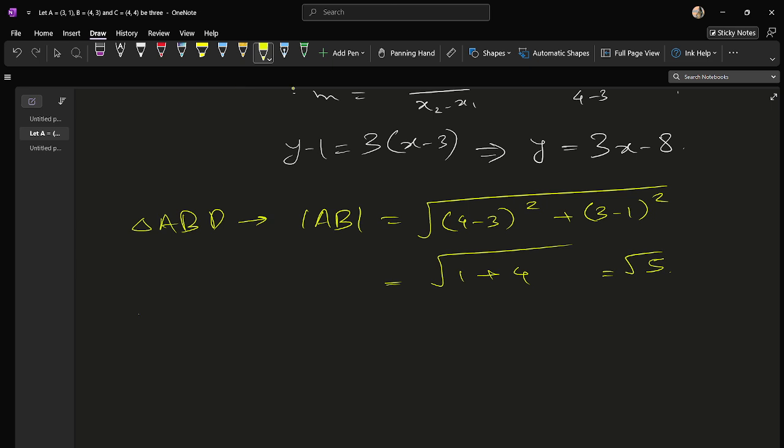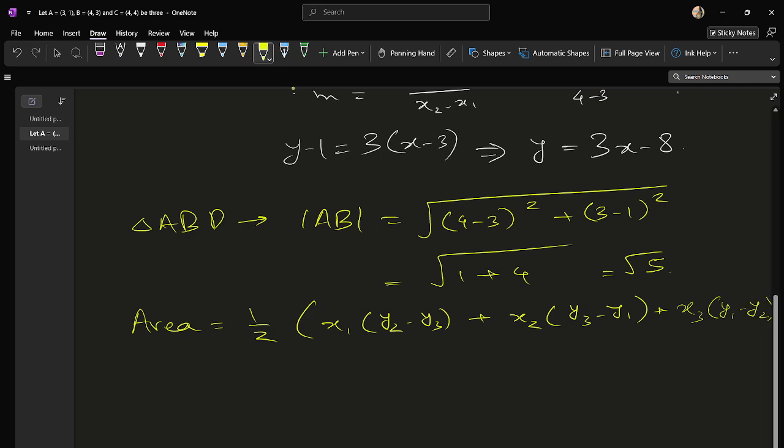So our area will be half times the modulus of x1(y2 minus y3) plus x2(y3 minus y1) plus x3(y1 minus y2).